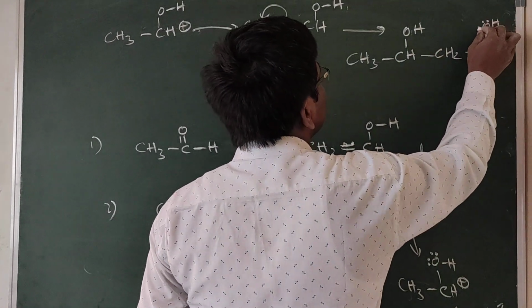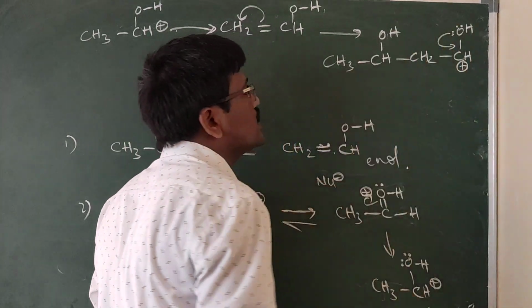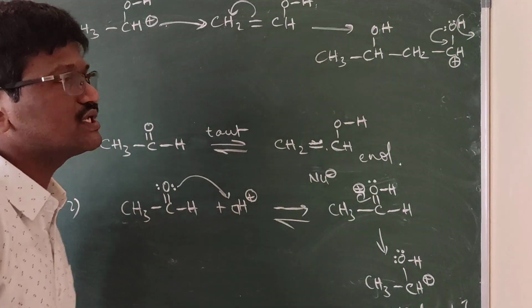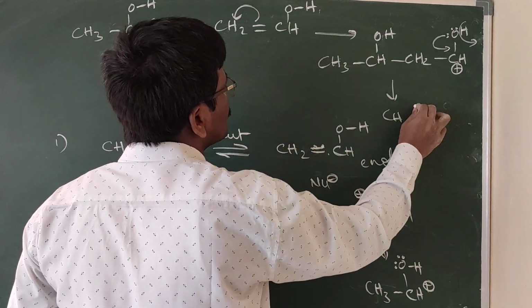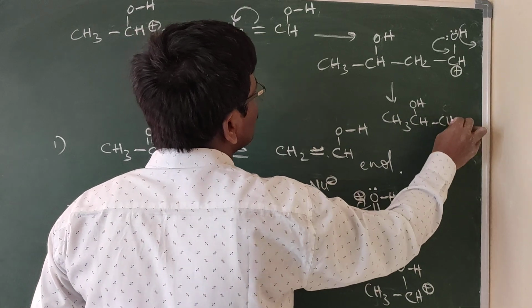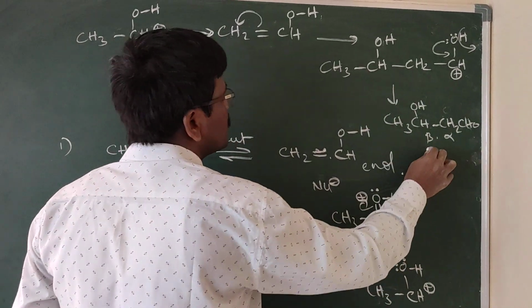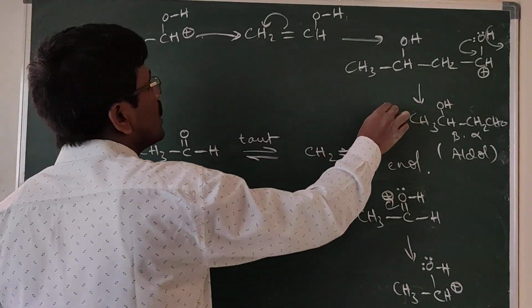Now this oxygen donates an electron pair back to the carbon, and an H plus ion is lost. Here we got CH3CHOHCH2CHO, that is a beta hydroxy aldehyde, which is known as aldol. And here an H plus ion is also produced.